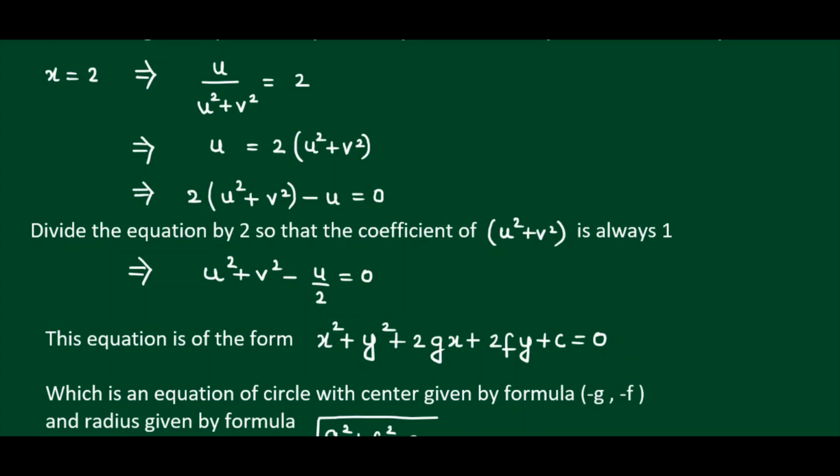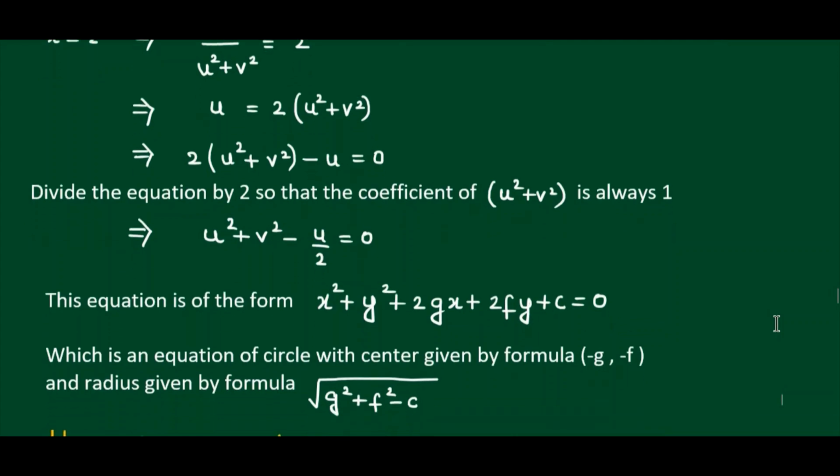Now compare this equation with this equation which you have studied in your high school. This is an equation of a circle, x square plus y square plus 2gx plus 2fy plus c equal to 0, which is an equation of a circle with center given by the formula (minus g, minus f) and radius given by the formula root of g square plus f square minus c.